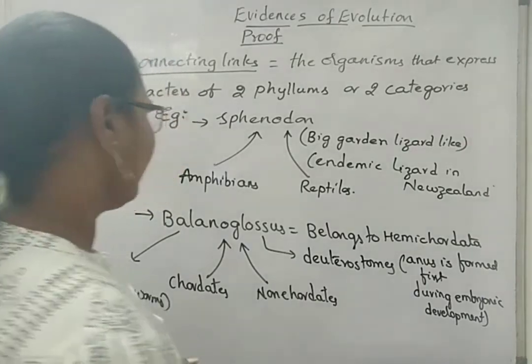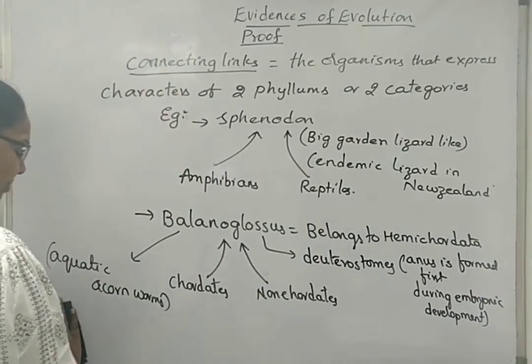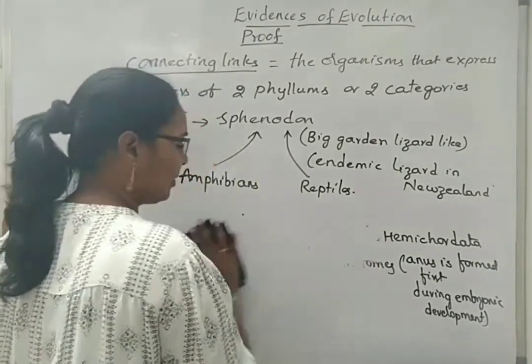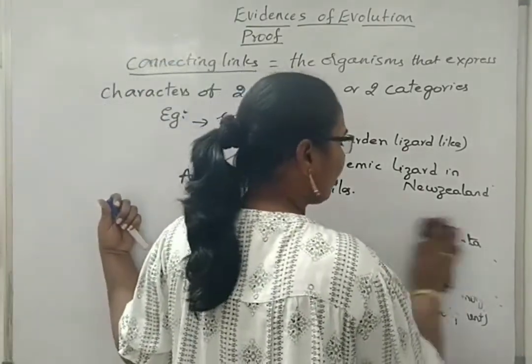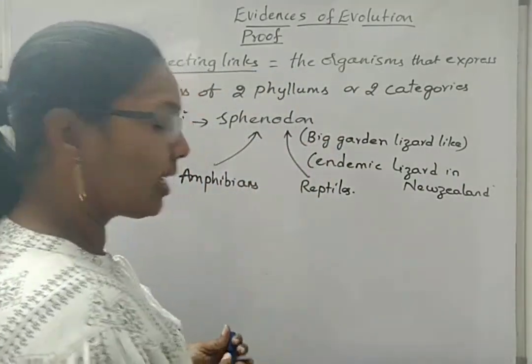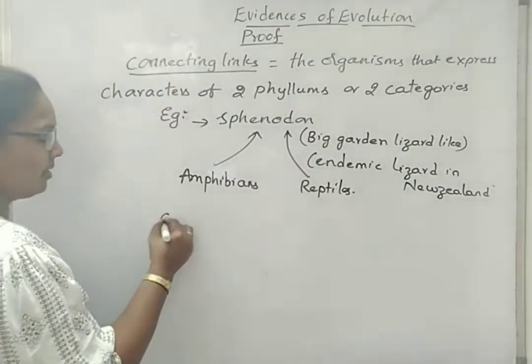The last example is Chimaera. Chimaera is the connecting link between Osteichthyes and Chondrichthyes, nothing but a connecting link between bony fishes and cartilaginous fishes.